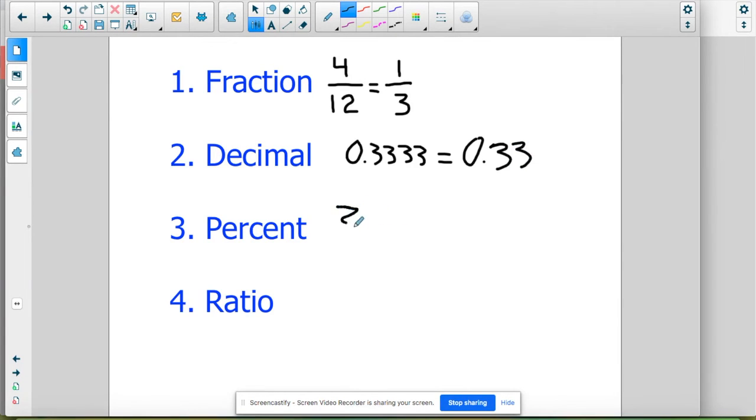Percent, 33%. In a ratio, 1 to 3. Now you could also put the ratio of 4 to 12. So if the question's asking you to show it as a fraction, a decimal, a percent, and a ratio, this is what you would do.